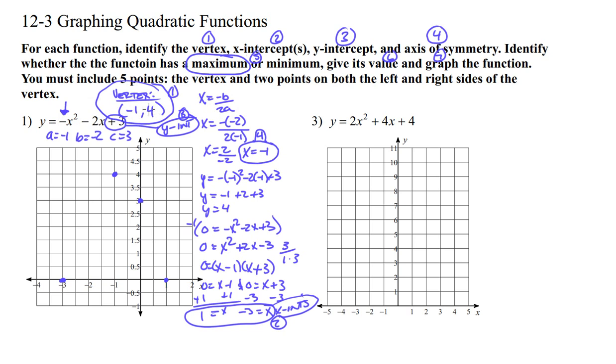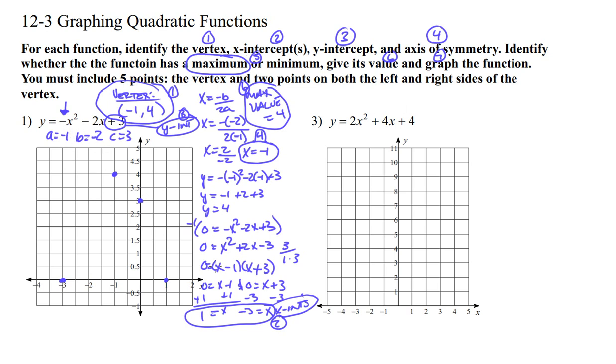Maximum value of this graph is going to be 4, because that's as high as it gets. Okay, give its value. So max value equals is just going to be 4. Okay, so that's part 6, right? And we did the maximum for part 5 there. And then all we have left is to graph.